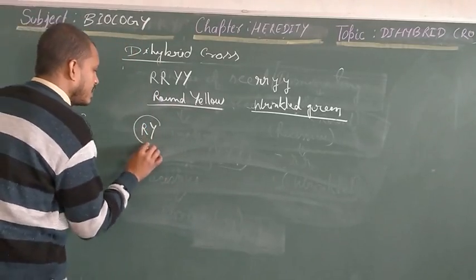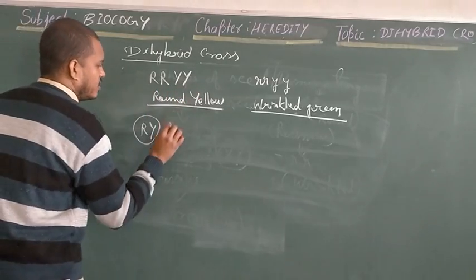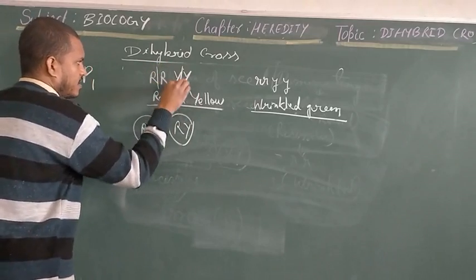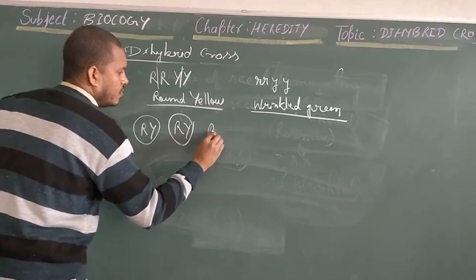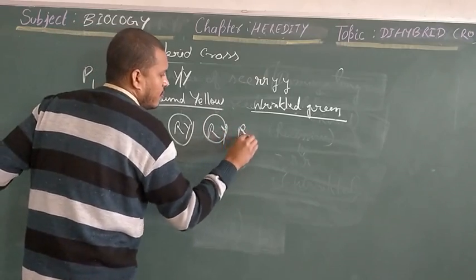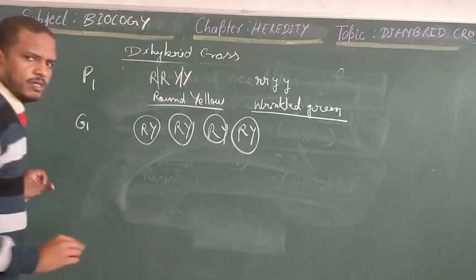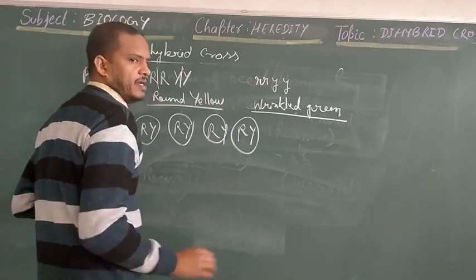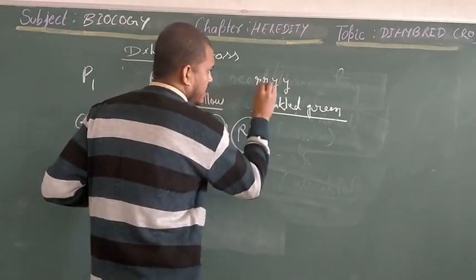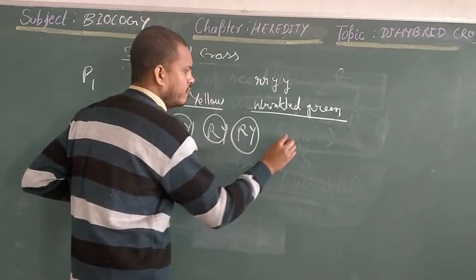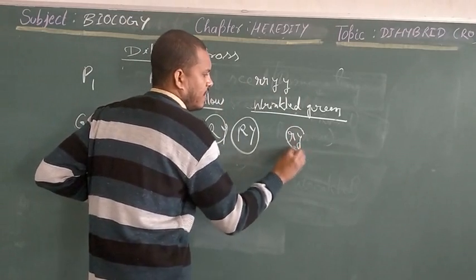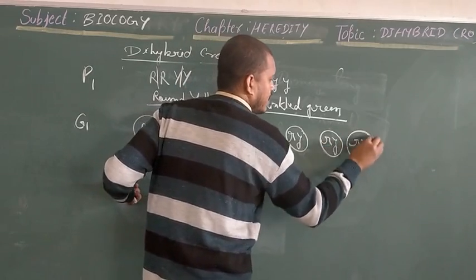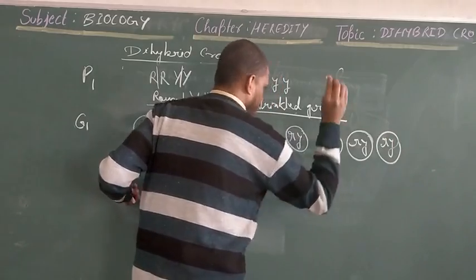So you will get gametes like RY, and they will cross with each other. In the recessive case, the gametes you get are small r, small y. This is the form you will get here.